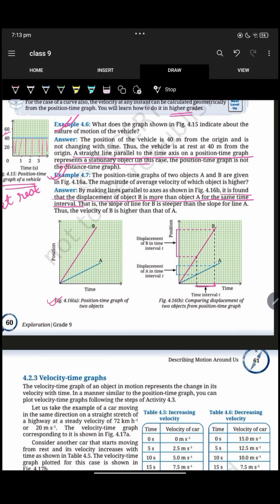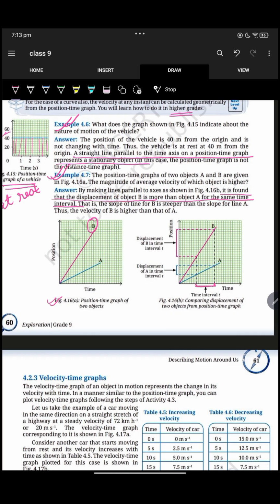From here you see that perpendiculars are drawn and the slope of the line is found. Moreover, you can also see the other way round that this is a plot which is more steep for B, so obviously the slope will be greater over here.